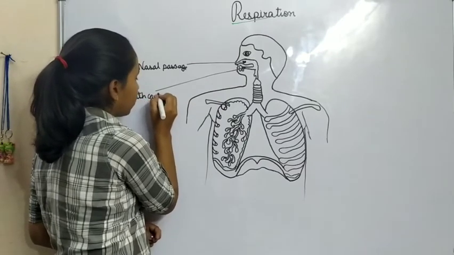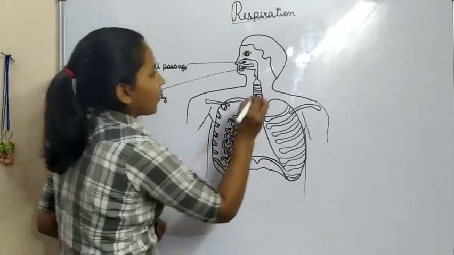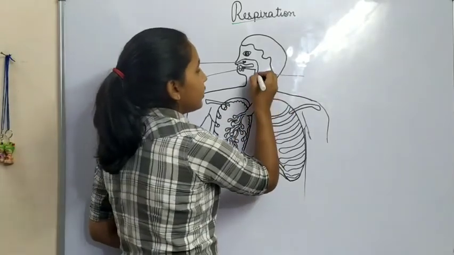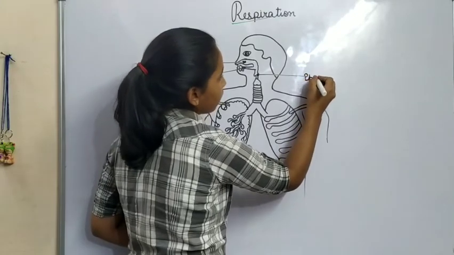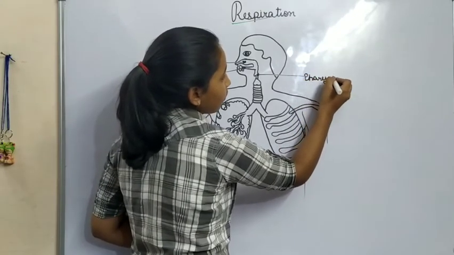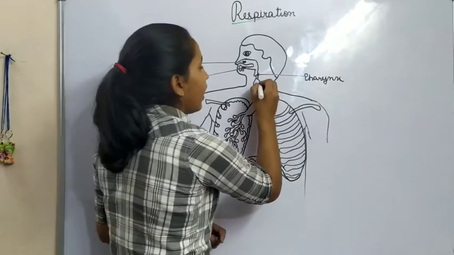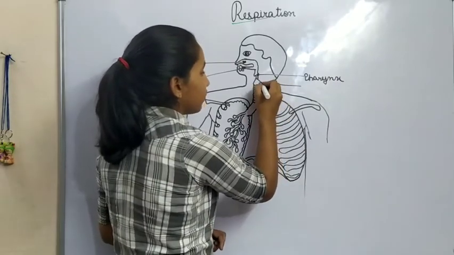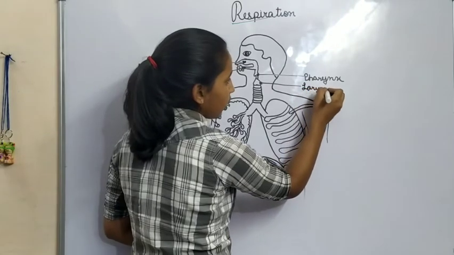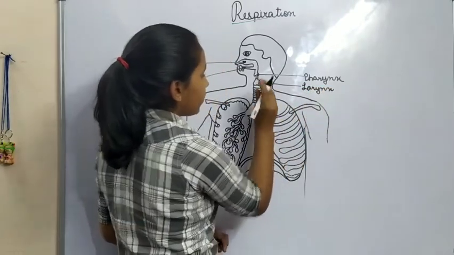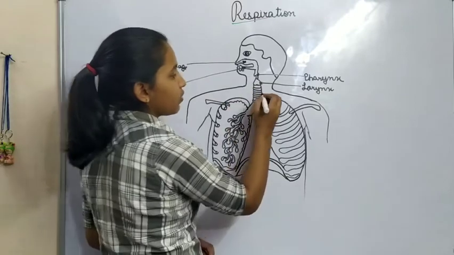And this is pharynx. And this is larynx. And this is long, these pipe-like structure.